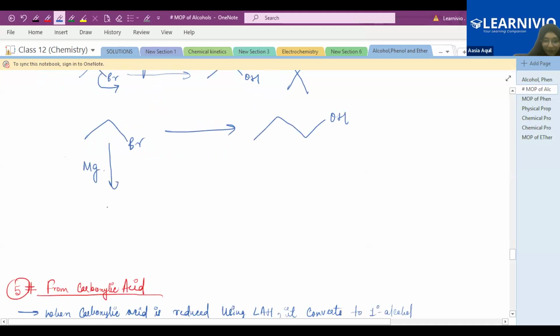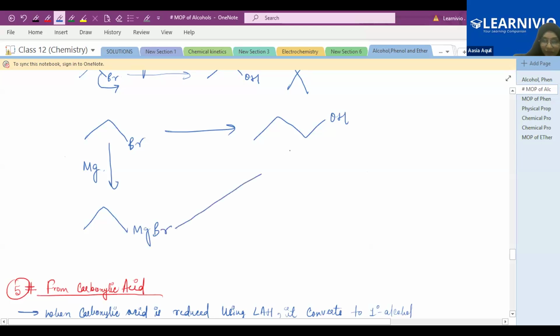Addition of magnesium will give you a Grignard reagent, MgBr. First step will be the addition of magnesium metal. When you treat the alkyl halide with magnesium metal, it will form a Grignard reagent, MgBr.